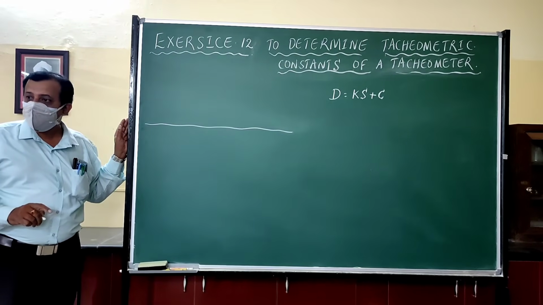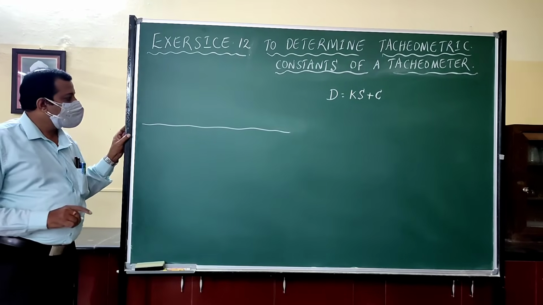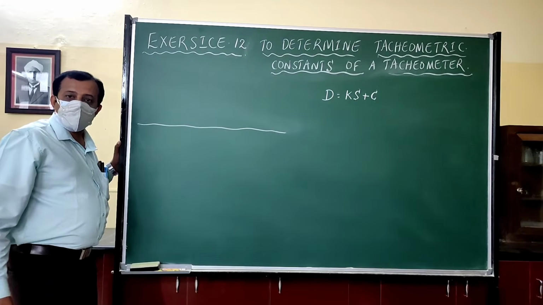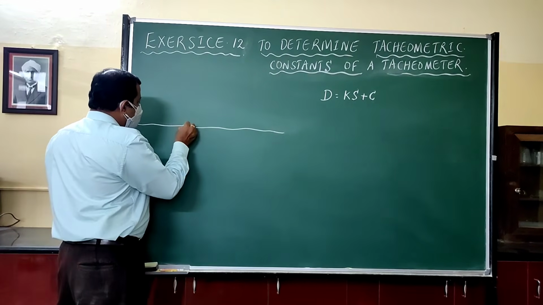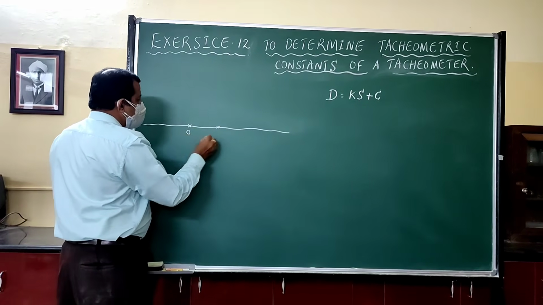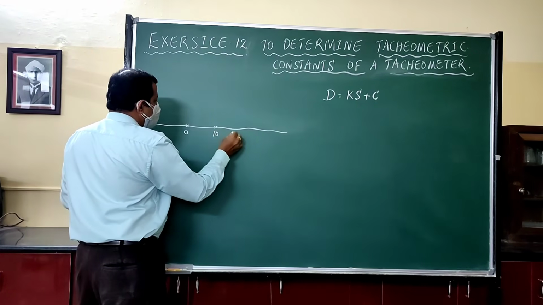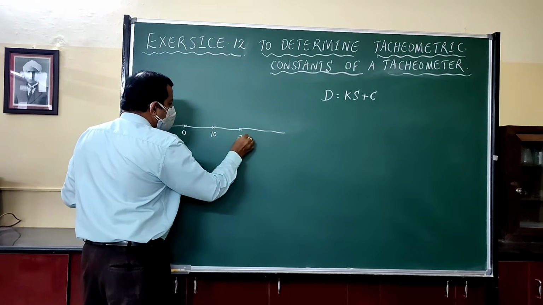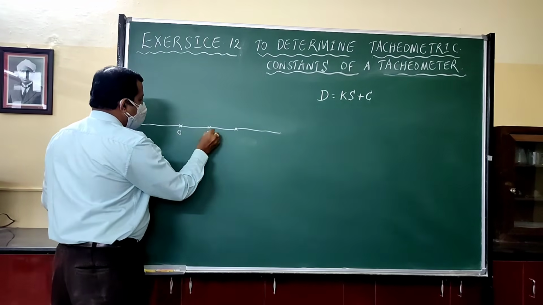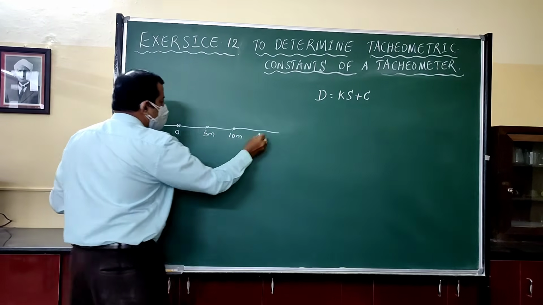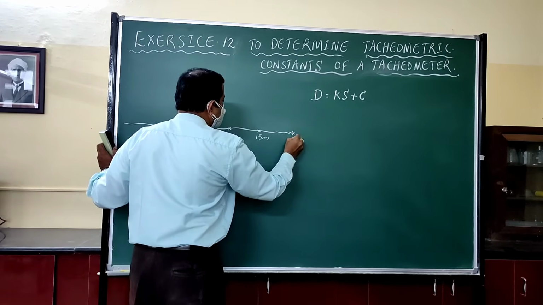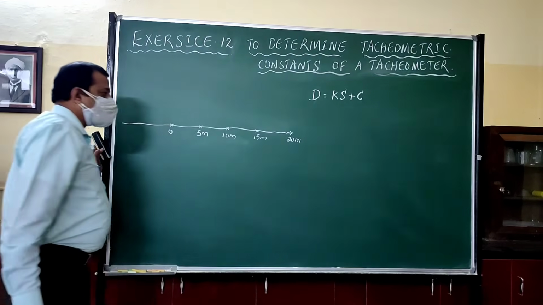Now let us go with the field procedure. How are we going to determine it? First, select a level ground. After selecting the level ground, mark distances of 0, 5 meter, 10 meter, 15 meter and 20 meter on the level ground.